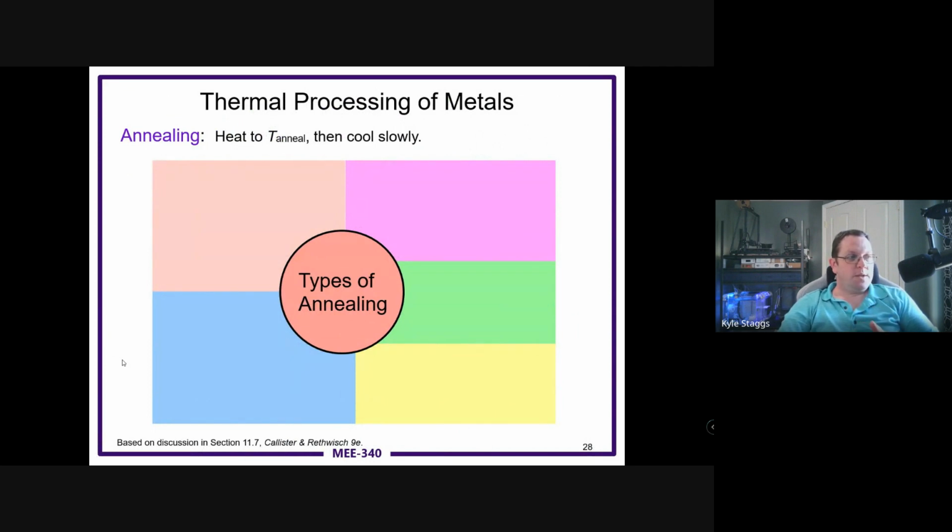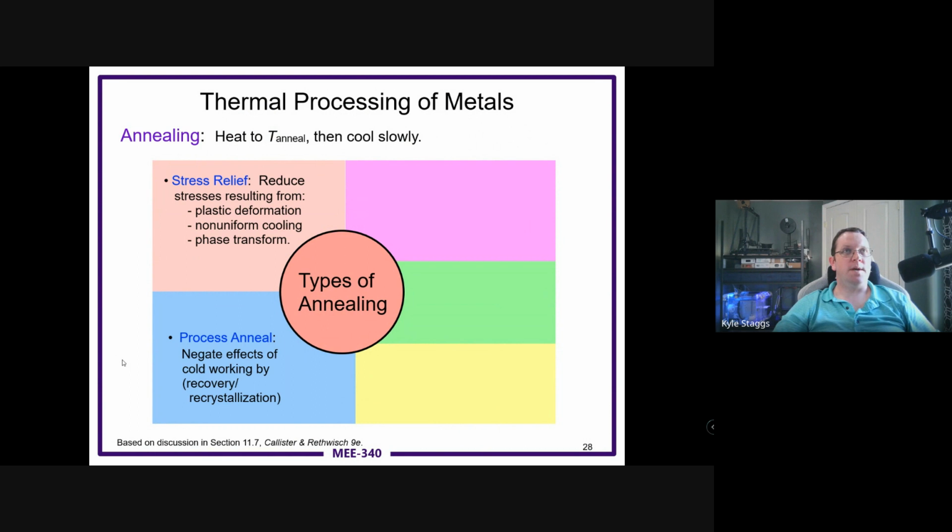So some of the thermal processing: you're heating up to the temperature of annealing, or T-anneal, and then cooling slowly. So you have a process anneal. You're trying to essentially undo the negative effects of cold working by recovery or recrystallization.